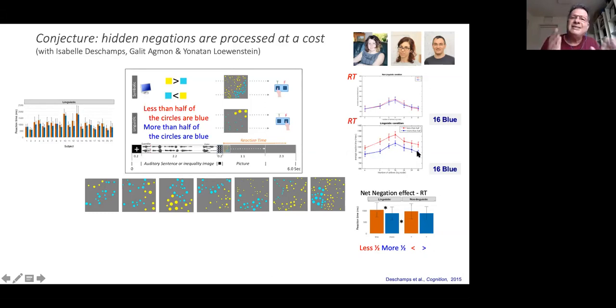There are fancy statistics to measure it, but ask me about it, I'll be happy to answer. But the bottom line is, from a numerical or quantity perception perspective, the subjects here are very, very well behaved. They behave exactly in keeping with Weber's law. And when you give them sentences with less, they simply give you the same behavior, except it takes them longer.